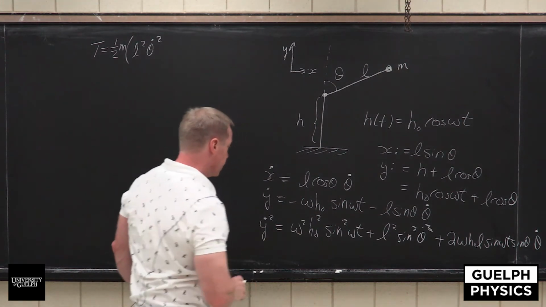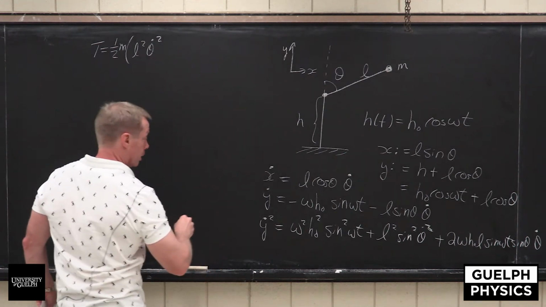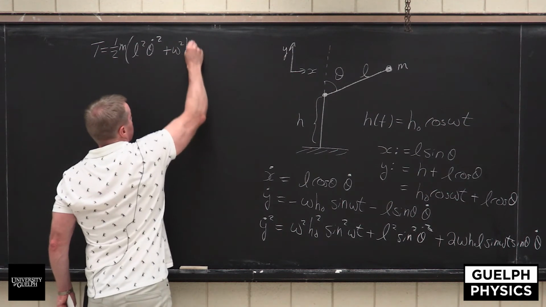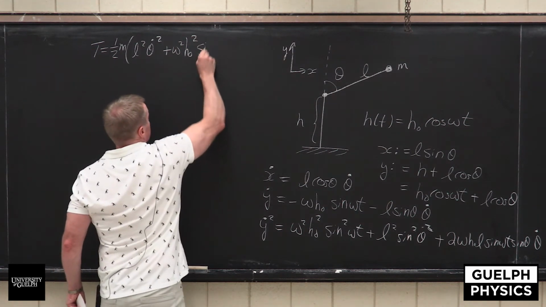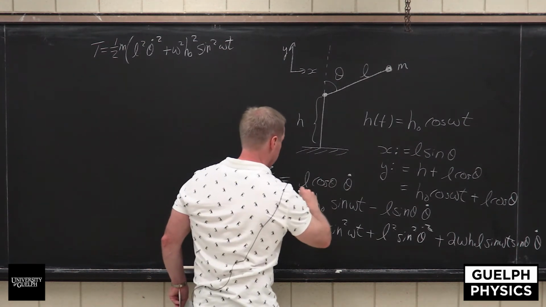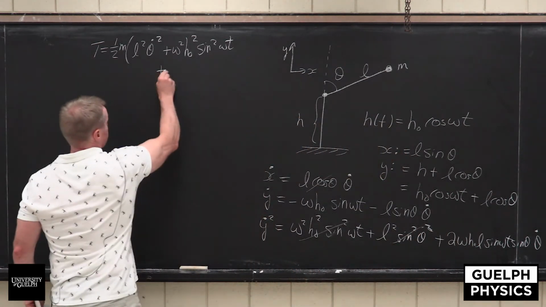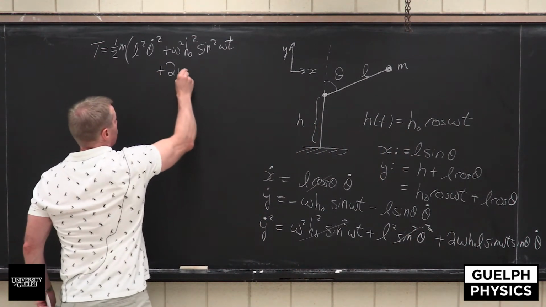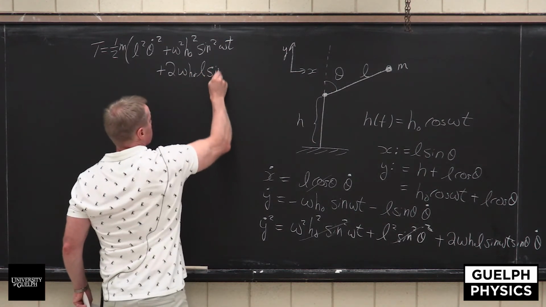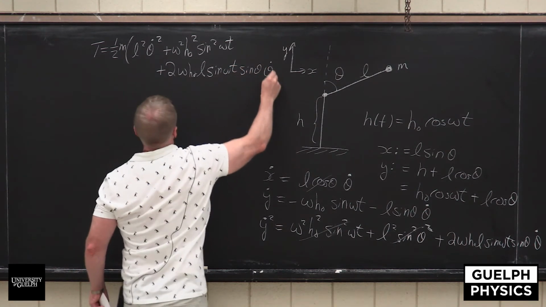But then there's the other terms that now involve omega squared h naught squared sine squared omega t. So I've taken care of that, and then plus 2 omega h naught L sine omega t sine theta theta dot.